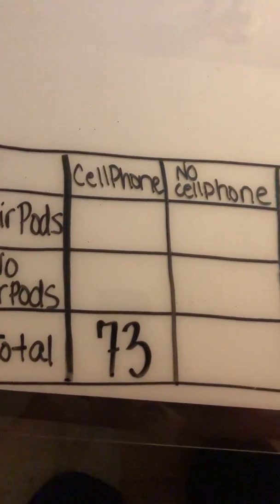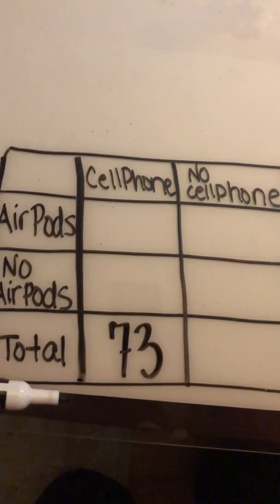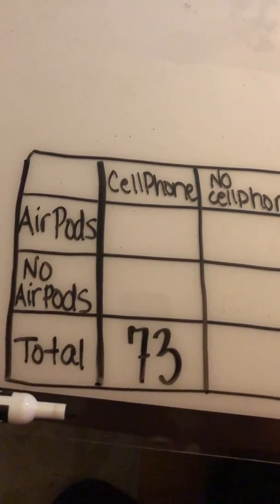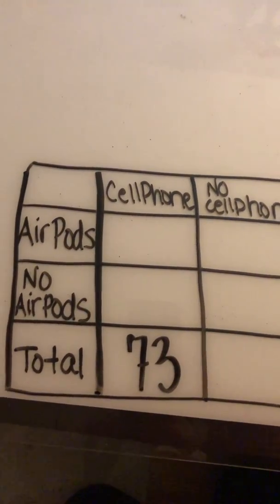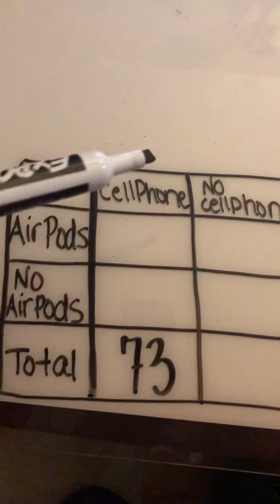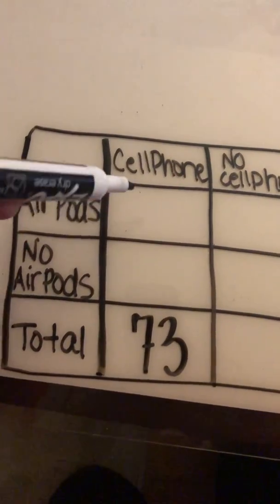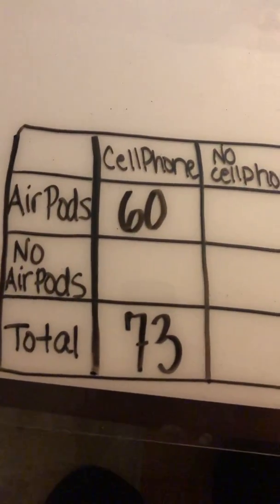Okay? Then it tells us that 60 of those 73 students also own AirPods. So 60 of the 73. So that means they have a cell phone and they have AirPods. So that box would be right here, having a cell phone and having AirPods. So I'm going to put 60 here. Okay?